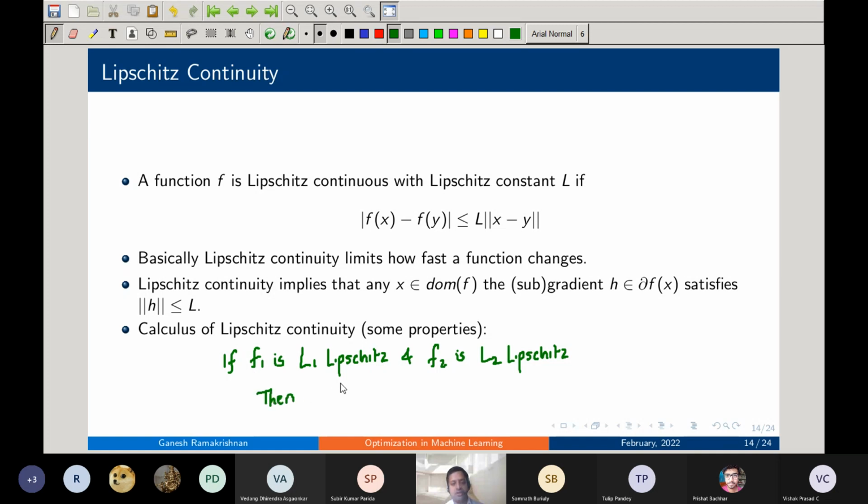Any suggestions? We can show using the triangle inequality that it is L1 plus L2 Lipschitz. Okay, great. Yes, this is L1 plus L2 Lipschitz continuous. I'm just saying Lipschitz, but it's Lipschitz continuous. So it's exactly the triangle inequality.